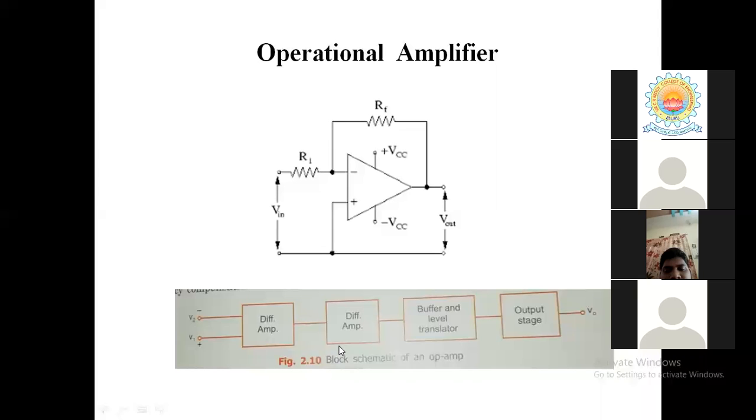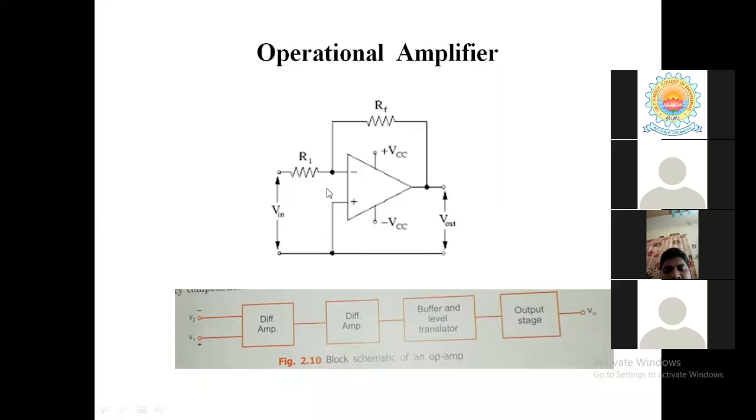We know that from the ideal characteristic of the operational amplifier, the gain is infinite. The output voltage V0 should be either at positive saturation voltage or at negative saturation voltage. That means if V1 is greater than V2, or V2 is greater than V1, we observe a positive or negative saturation output voltage, so the output assumes one of two possible states, plus Vsat or minus Vsat.